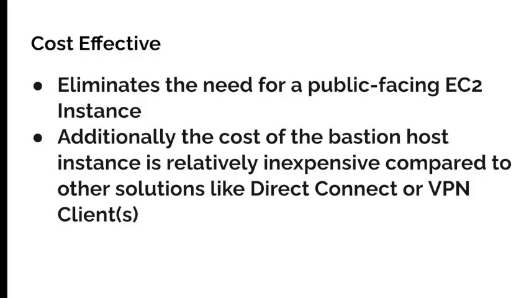And if we do need to access something within our private network, obviously we use the Bastion host. Additionally, the cost of the Bastion host is, and I'm going to do air quotes, relatively inexpensive compared to other solutions, which could be a direct connect or a VPN client.